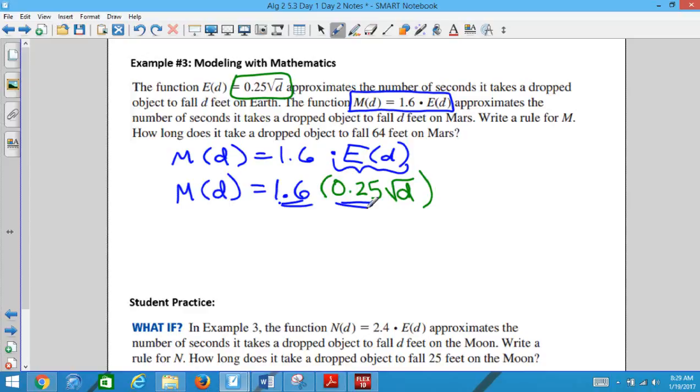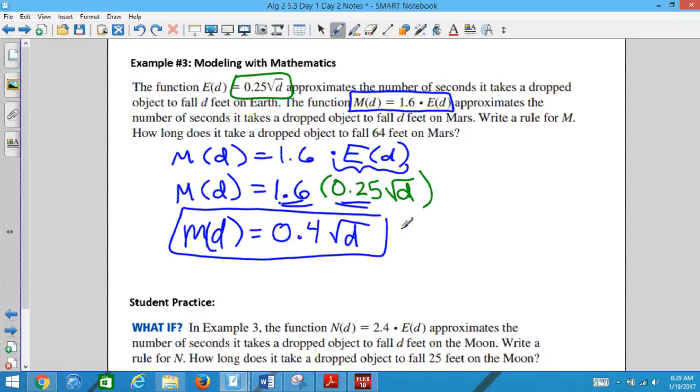Let's multiply those numbers together. So we have m of d equals, what do you get? 0.4 square root d. So that is the rule for m.